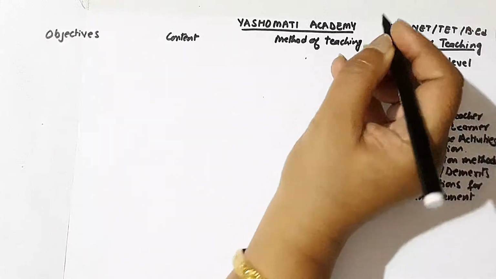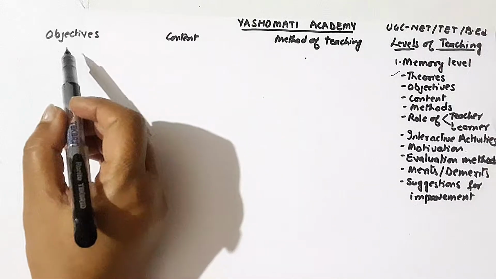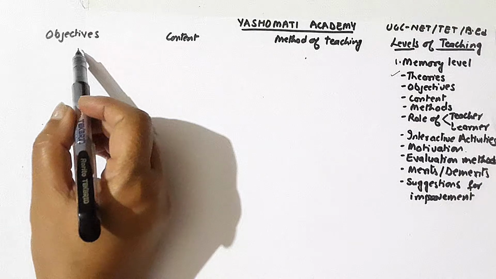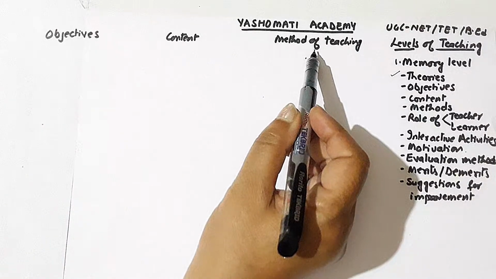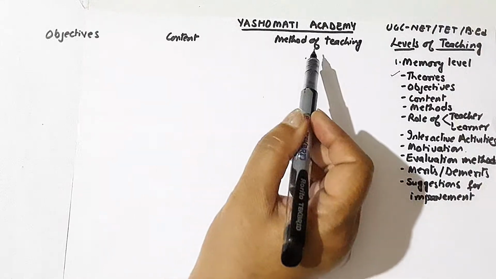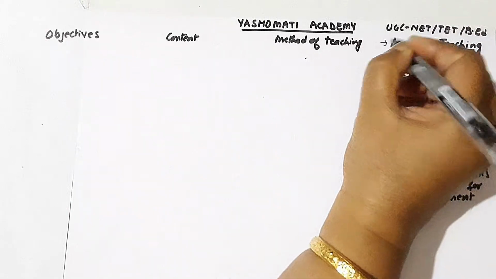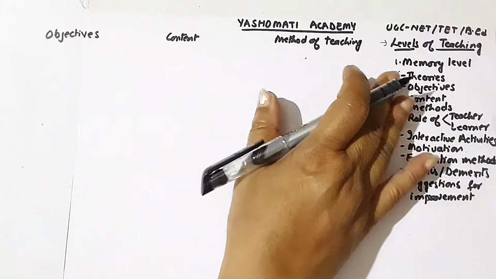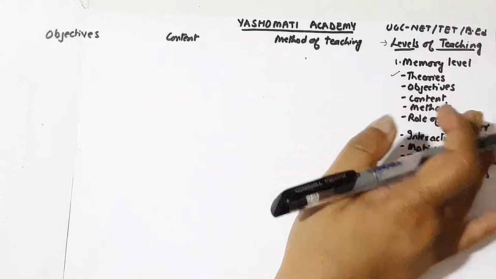In the previous lessons, we have understood very well that content is selected as per the objectives which we lay down for teaching, and as per the content we have to select different methods of teaching. So these three things are very intimately related to each other. So in this class we will be discussing the objectives, content and method of teaching, especially for memory level of teaching.